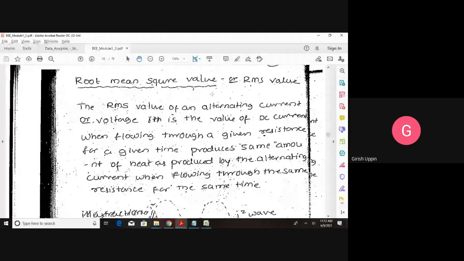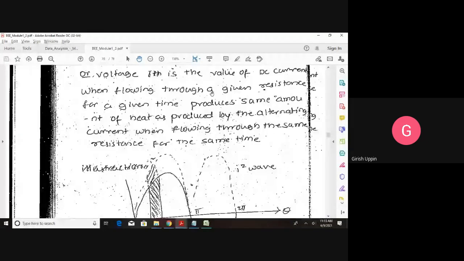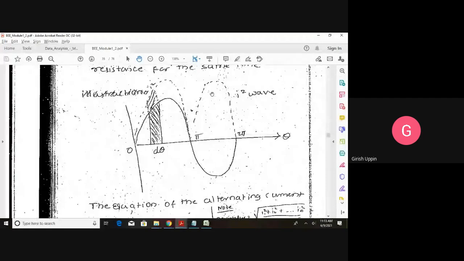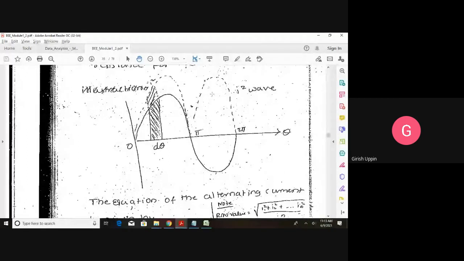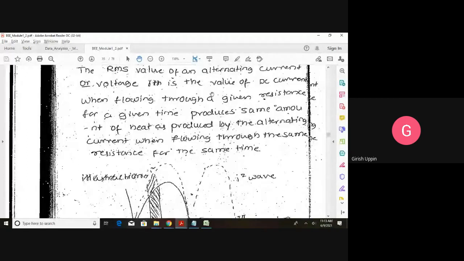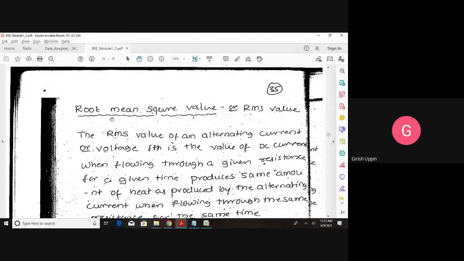Now again, the derivation of this is very important from the exam perspective. They will ask you to derive the RMS value of an alternating quantity. The derivation goes in a very similar manner to what we did for the average value. The only difference is that here we have a squared wave: root, mean, and square.